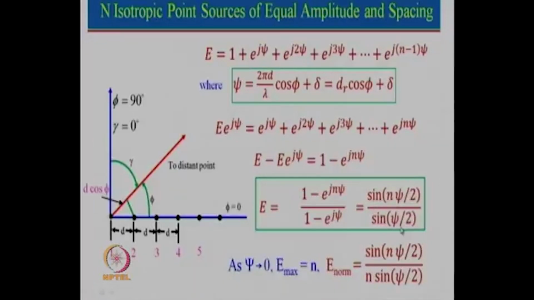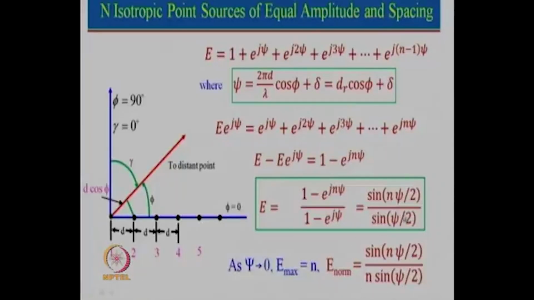So psi by 2 gets cancelled, and we are left with the value of n. So the maximum amplitude of E is nothing but n. If we normalize this function, we divide it by n, so now this function has a maximum value of 1.